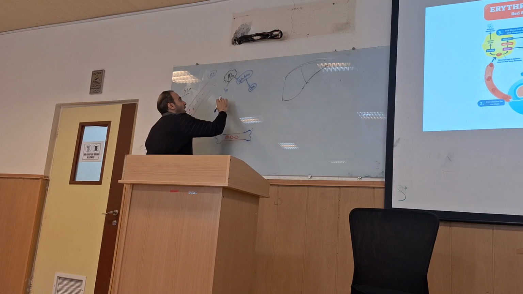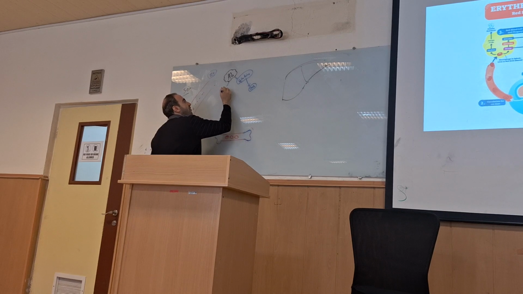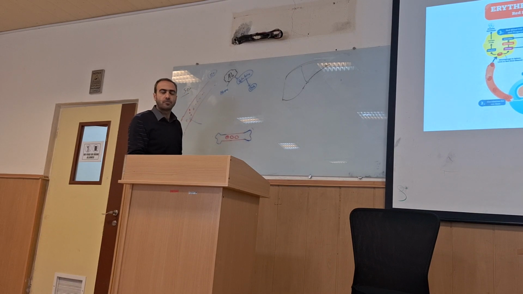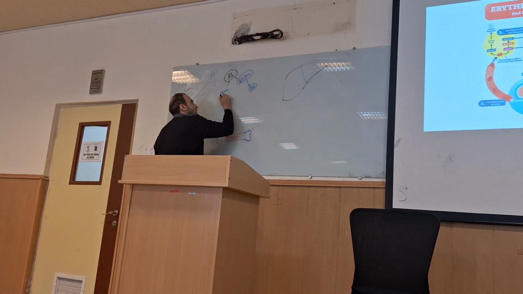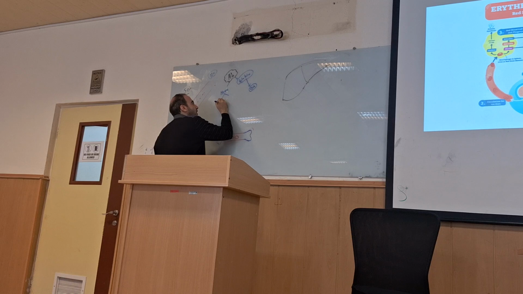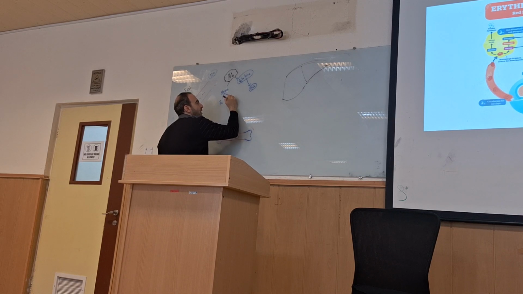So it's better to say we have a heme part. Heme itself consists of two parts: Fe and porphyrin, or pyrrole, or anything you can say.